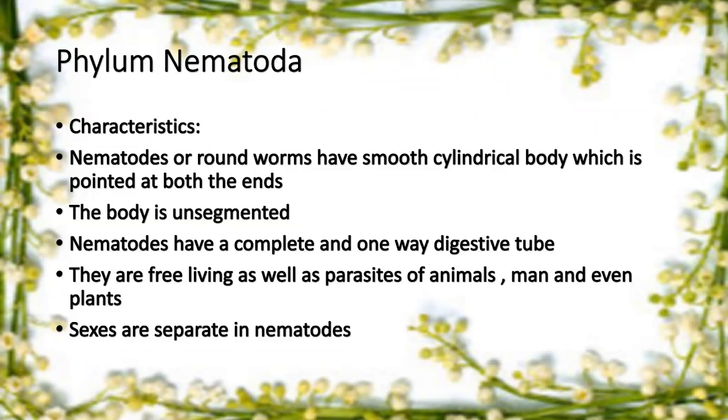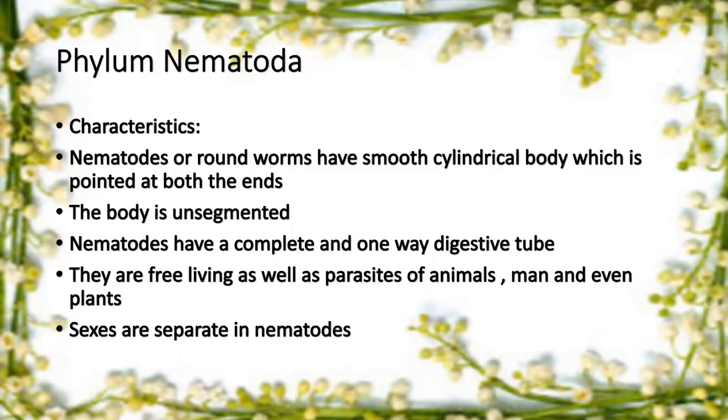Nematodes have a complete and one-way digestive system. As I told you, in Platyhelminthes, they have a mouth, and through the mouth they take in their food, and after digestion the undigested food is passed outside through the same passage. There is no other passage.